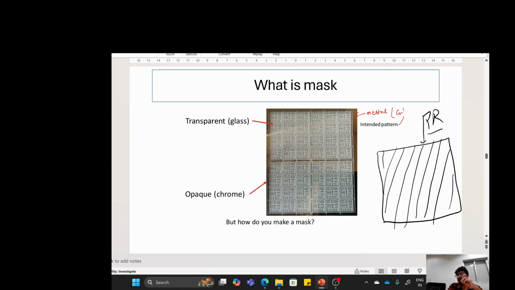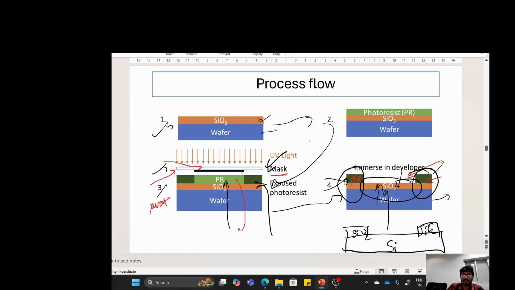First you transfer the pattern over the photoresist, and then you remove the photoresist where the pattern is. Let me show you the whole thing.